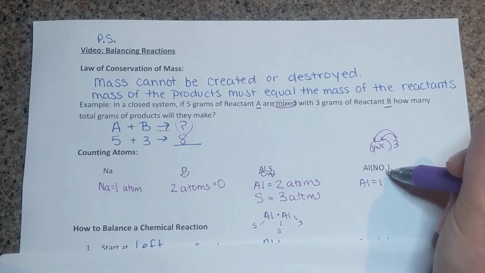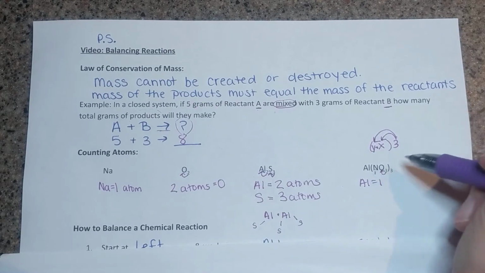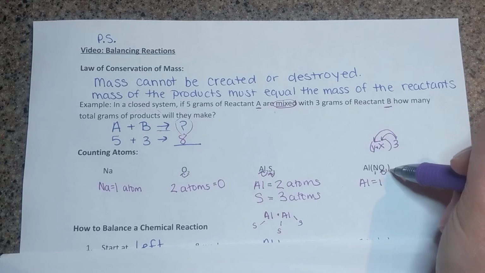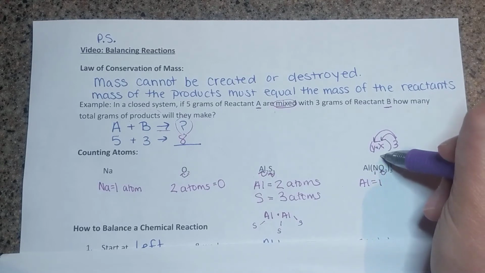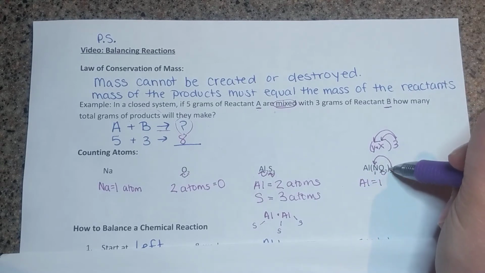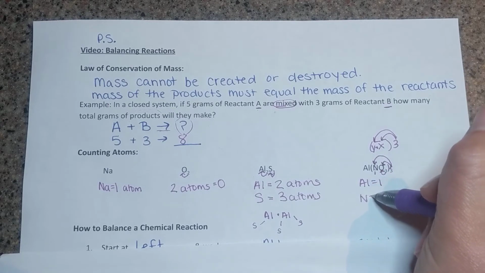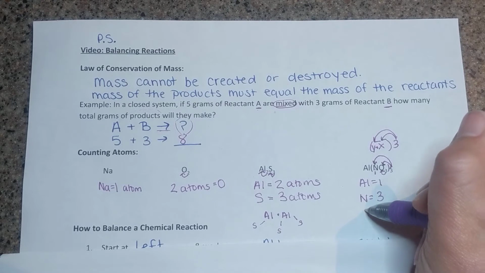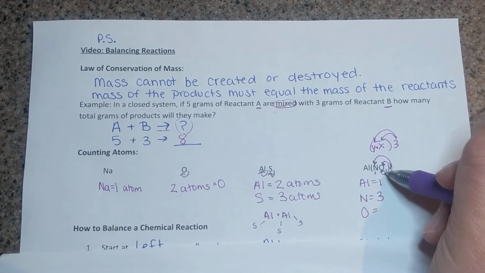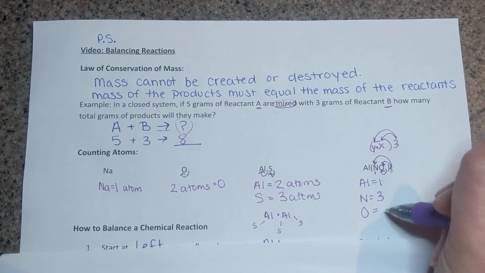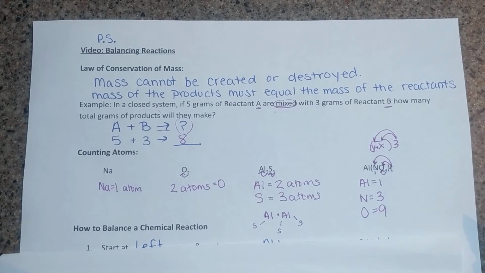Inside my NO3, I have 3 oxygens and 1 nitrogen. But I have 3 of these. So 3 times my 1 N and 3 times my 3 oxygen. So for nitrogens, I have 3, and for oxygens, I have 3 of 3, which means I have 9.